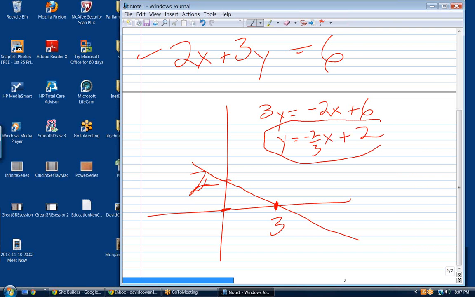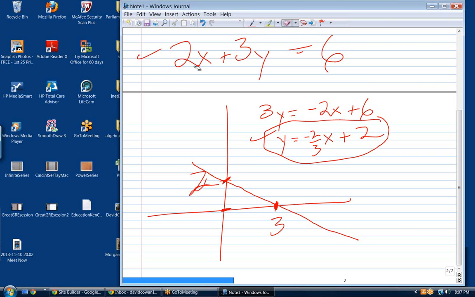Well, I know how to plot that. I start at the y-intercept, and I have a slope of negative 2/3. So I go down 2 over 3. So I can do it either way. It just seems to me that it's much simpler if you do the x and y intercepts.